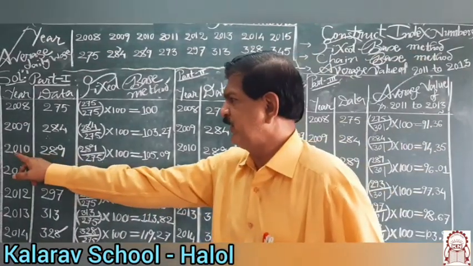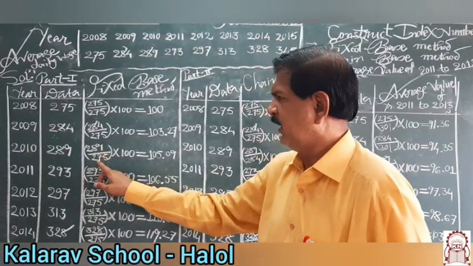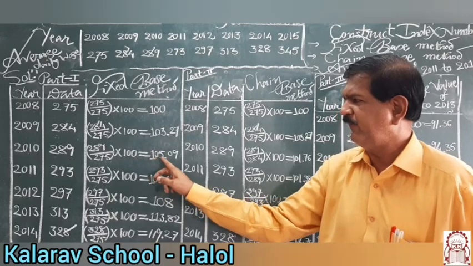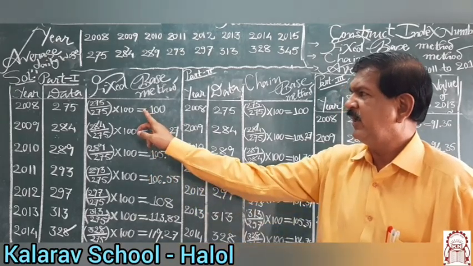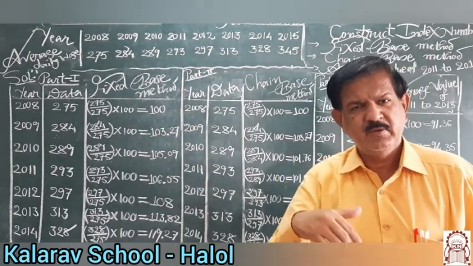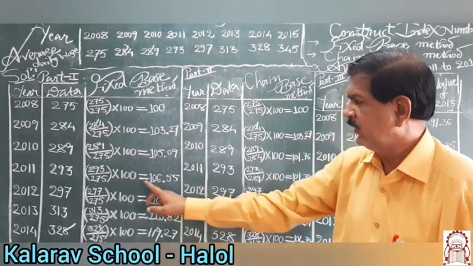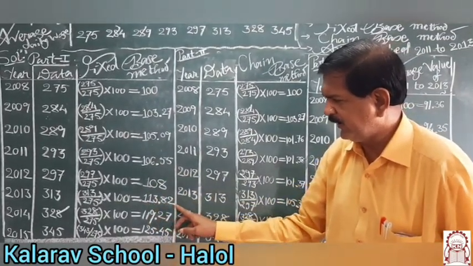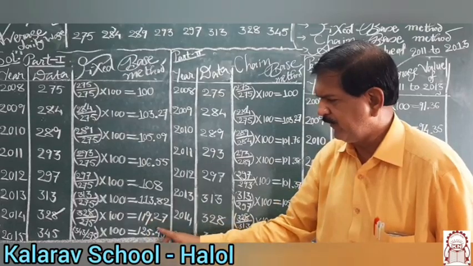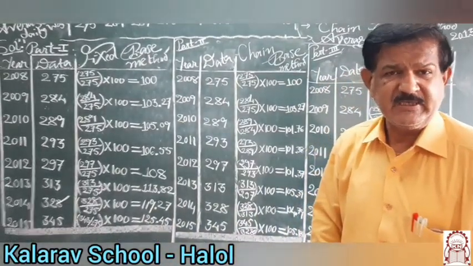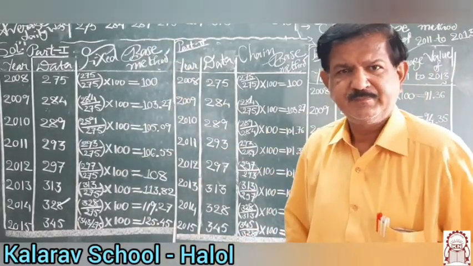For the year 2010, 289 upon 275 into 100. The answer will be 105.09, then 106.55, 108, 113.82, 119.27, 125.45 are the fixed base indices for the different years.